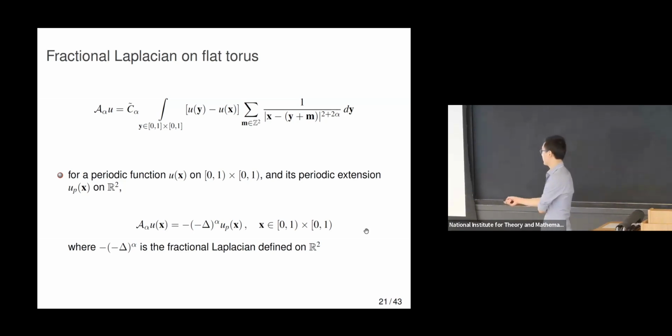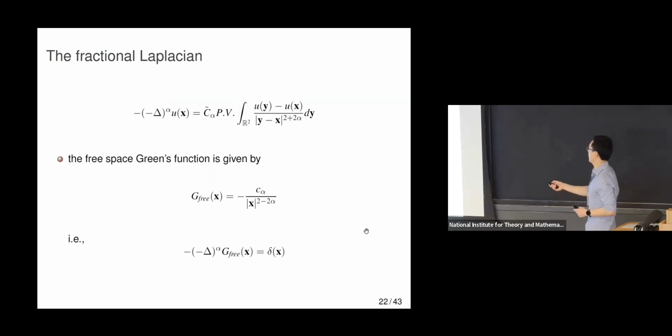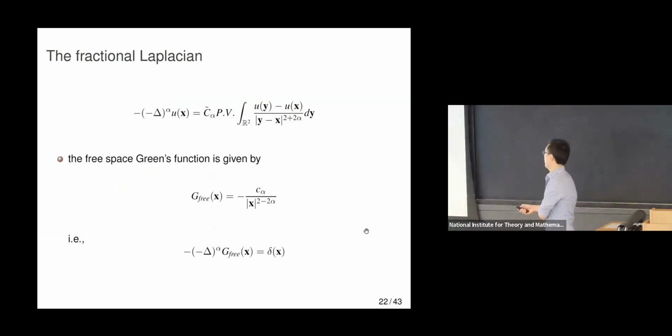And of course, this guy has Fourier symbol k to the 2 alpha. All right. Yeah. So this is the fractional Laplacian. The free space Green's function is given by this. Again, this basically tells you what the scaling in epsilon ought to be. Yeah. Okay.